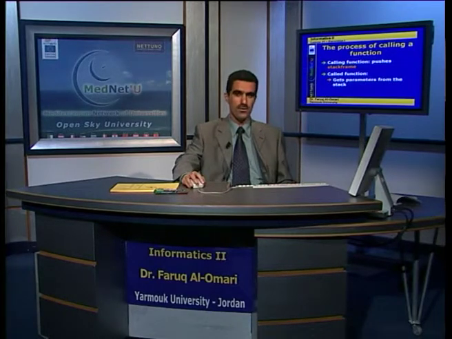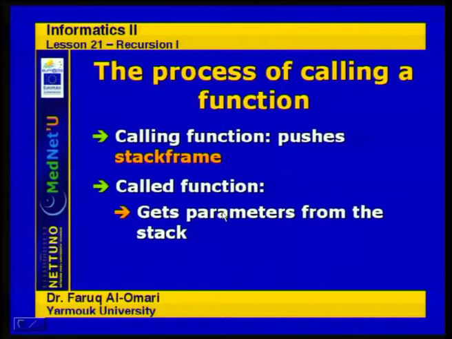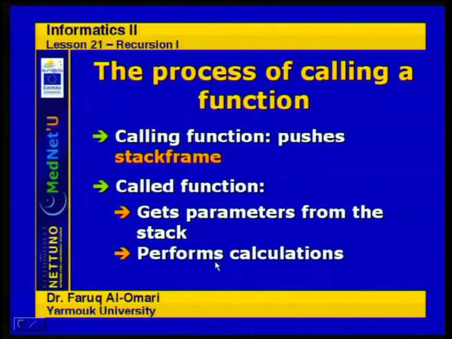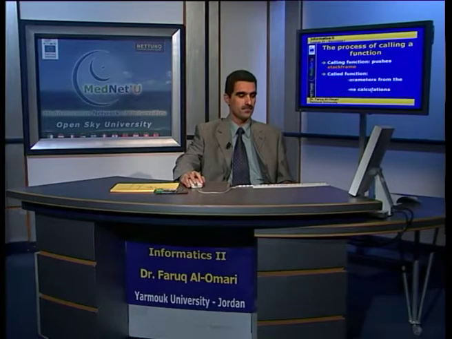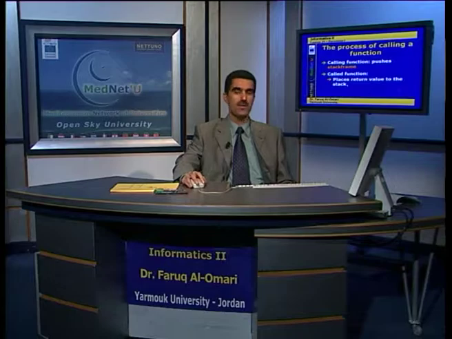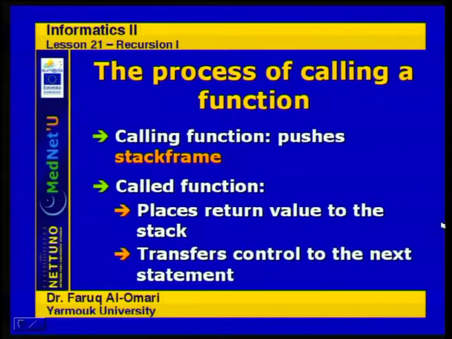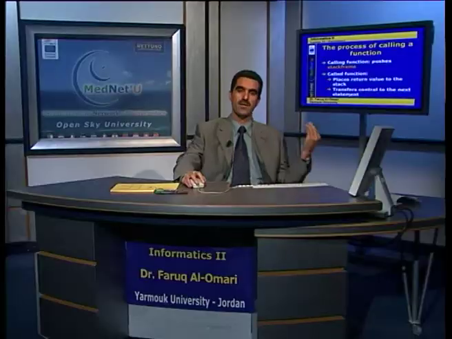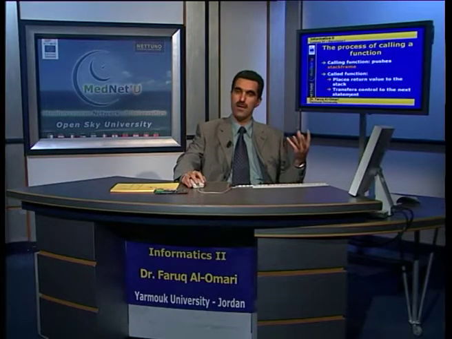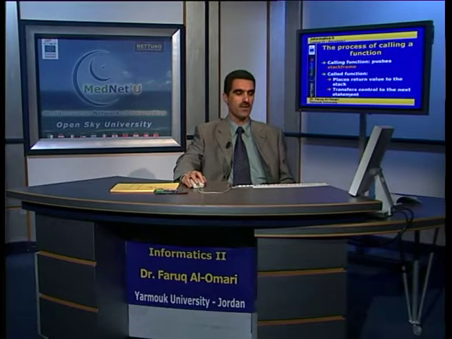It goes right away to the stack to retrieve these parameters, work on them, perform calculations on them, and then return. The called function places the return value on the stack as well once it finishes the execution. It transfers control to the next statement, and that's when it returns. So I pop this return address from the top of the stack.